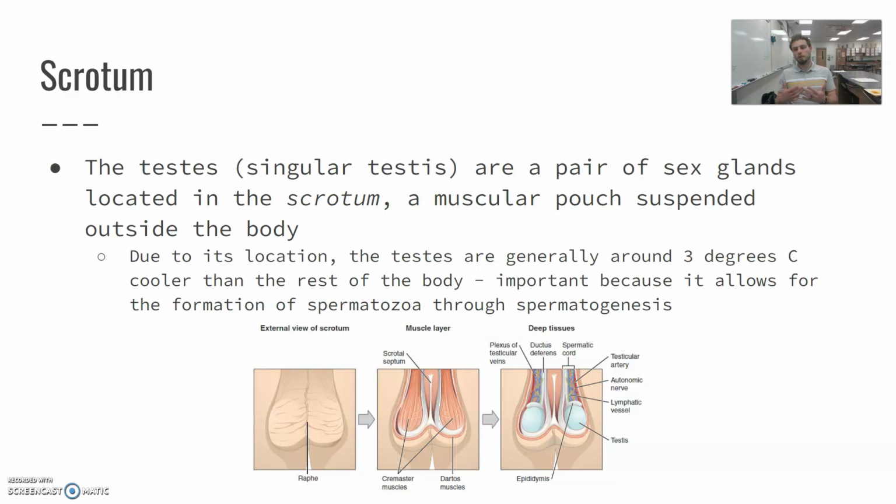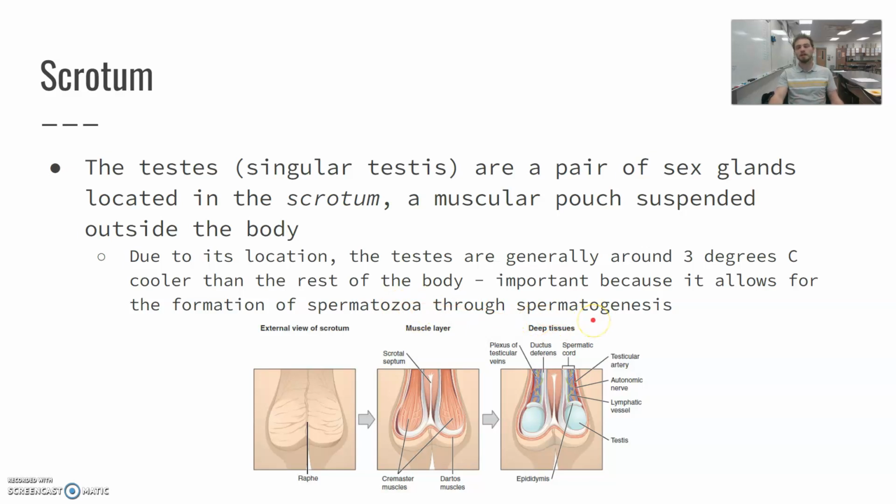If you think of your normal body temperature, we always talk about it being 98.6 degrees Fahrenheit or around 37 degrees Celsius. The testes located in the scrotum are going to be around 34 degrees Celsius. It's really important that it is cooler than the rest of the body, because that's the temperature necessary to form sperm, which we call spermatozoa, in a process known as spermatogenesis.